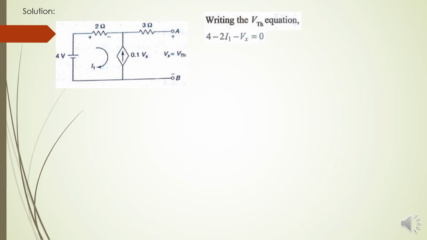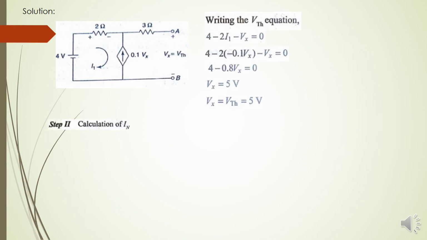So 4 minus 2 I1, since the 3 ohm is in the open circuit, the current flowing through that resistor is 0. So that value is not represented in this equation, and then directly minus Vx. We know that I1 is minus 0.1 Vx. So substitute the value of I1 and then find the value of Vx. Vx is nothing but the VTH, that is 5 volt.